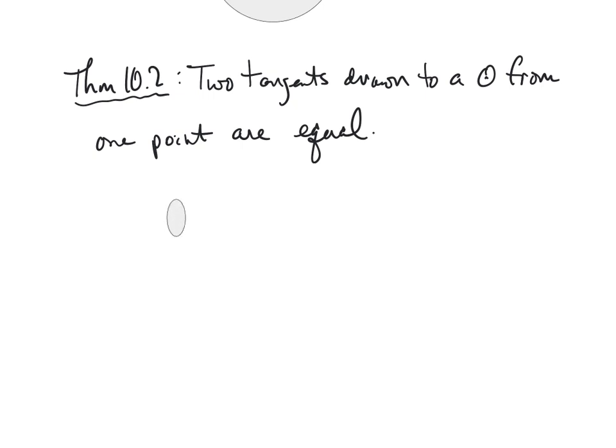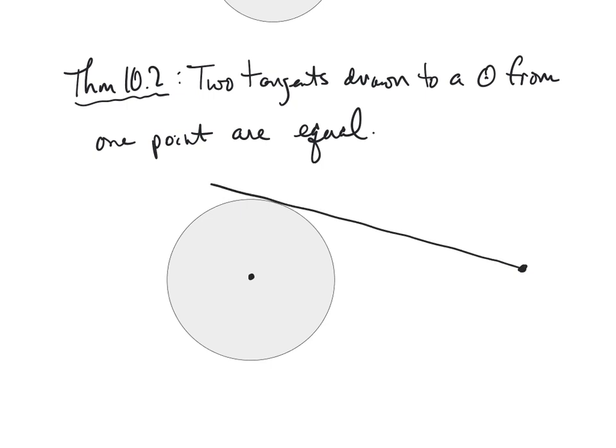So again, let me get you a picture of this for your notebook. We have a circle. We pick a point outside of the circle somewhere, so I'll pick this point right here, and we draw the tangent above and below.